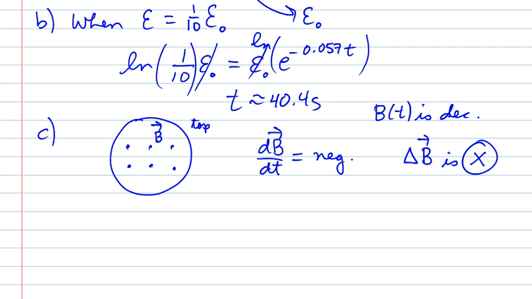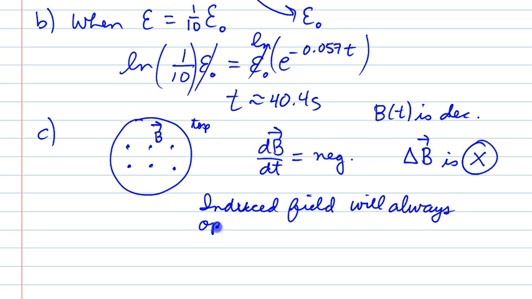And Faraday's law says that the induced field will always oppose any change. And this is the part that's so difficult to understand and to put into practice. The induced field will always oppose any change in the magnetic field. Okay, so what we can do is think about this from a side view.